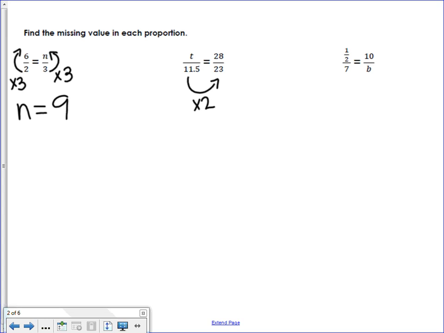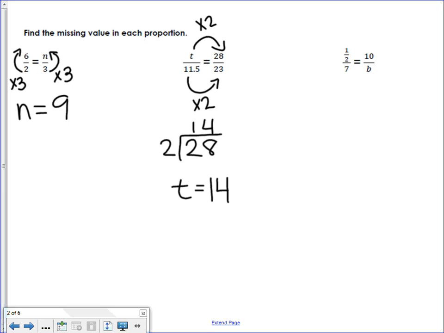So I know to get from t to 28, I also need to multiply by 2, which would mean I need to divide 28 by 2. 28 divided by 2 is 14, so t is equal to 14.